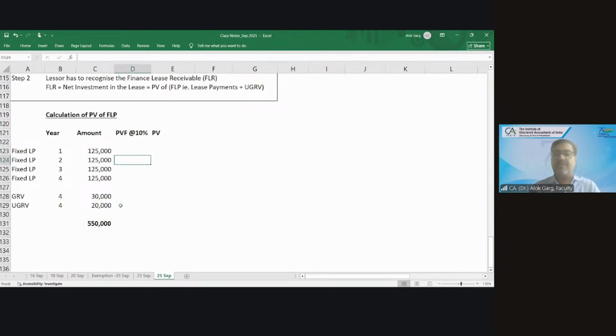What is the present value factor? The present value factor is equal to 1 divided by 1.1, then 1 divided by 1.1 squared, and so on and so forth.